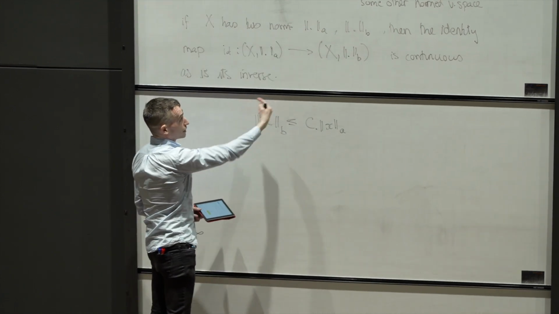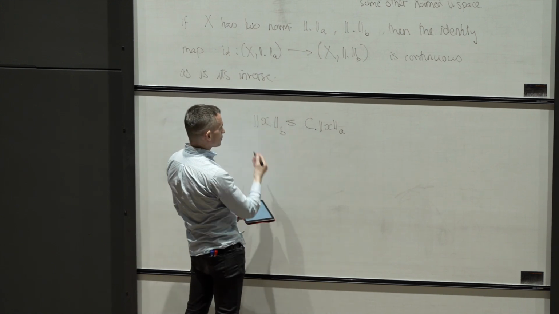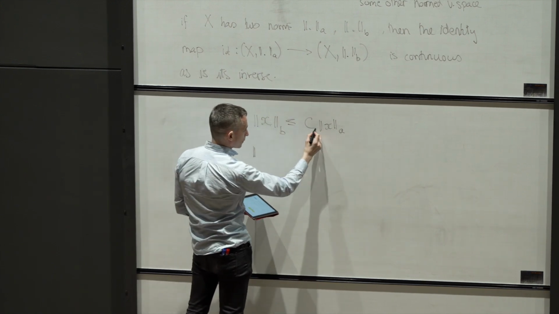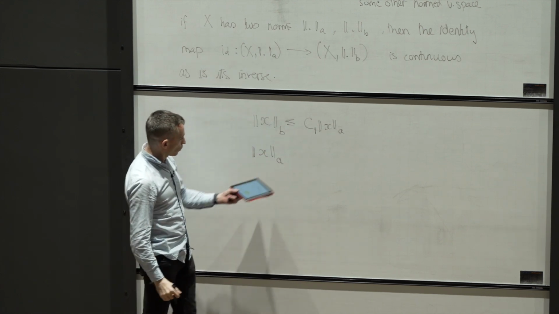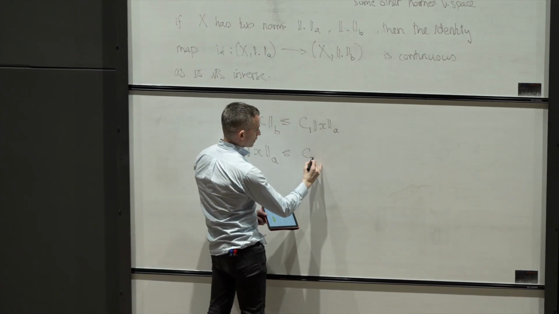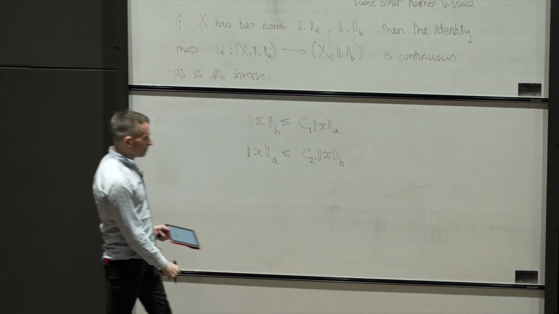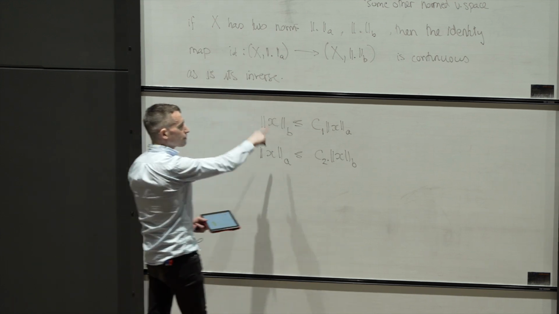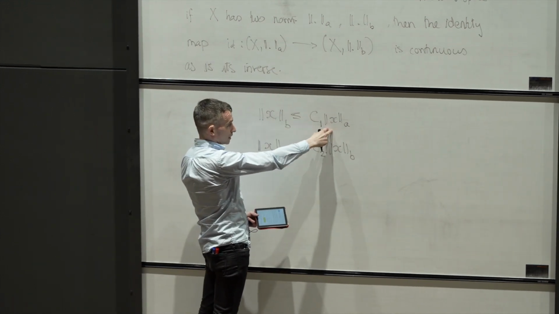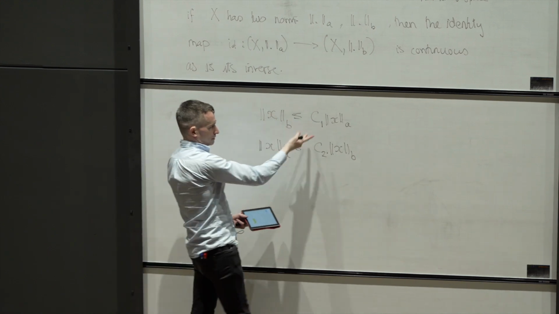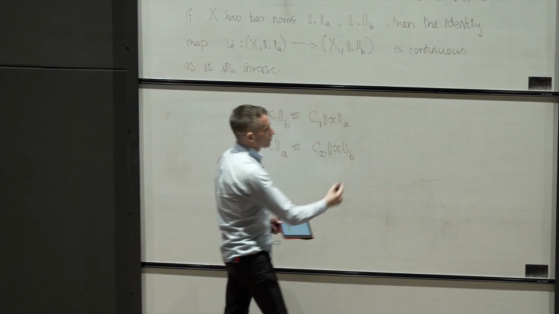If you use the continuity of the identity map going this way, you get a complementary inequality, maybe I'll call that C1. So the A norm of X is bounded by some constant times the B norm of X. And whenever you have both of these things, a norm bounded by a constant times another norm, and vice versa, we say the norms are equivalent.